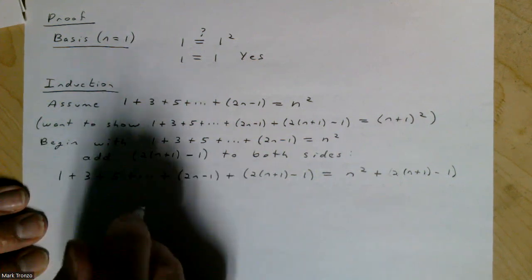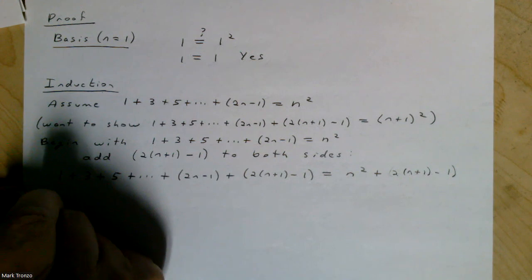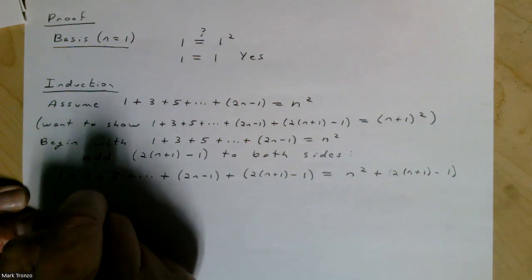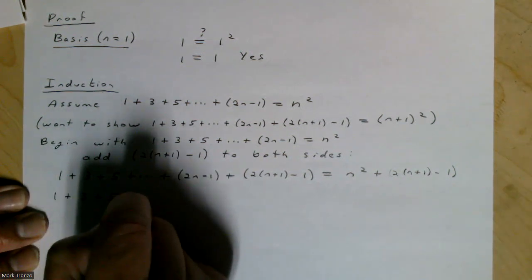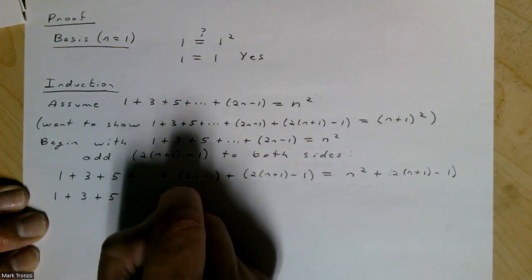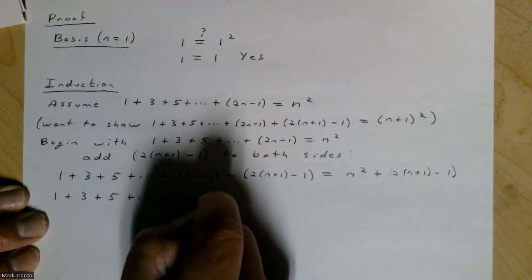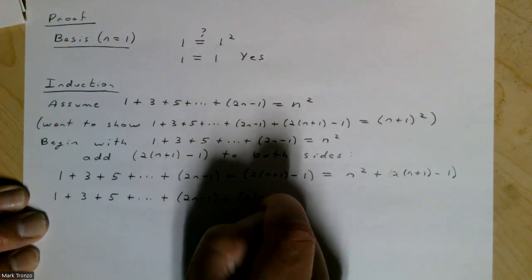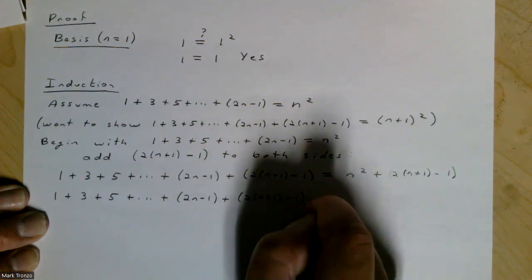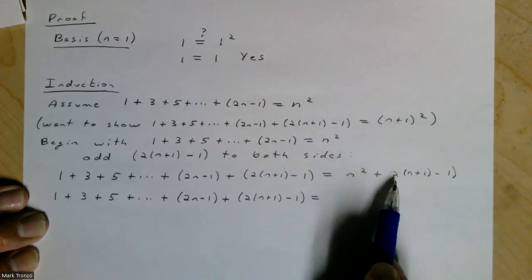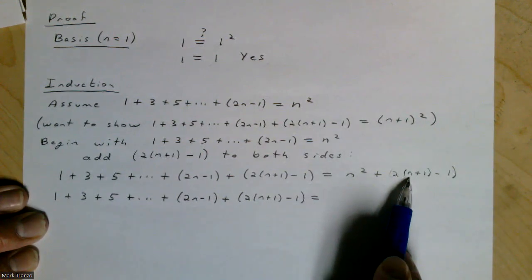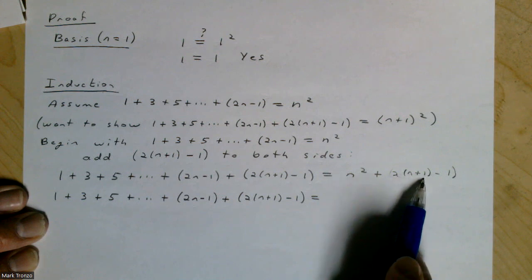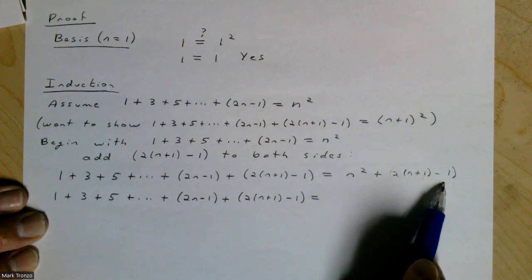Again, sometimes you can just use continuation marks, but I'll write the left-hand side out, even though I'm not going to change anything there. And now notice over here we have, this is 2n plus 2 minus 1.